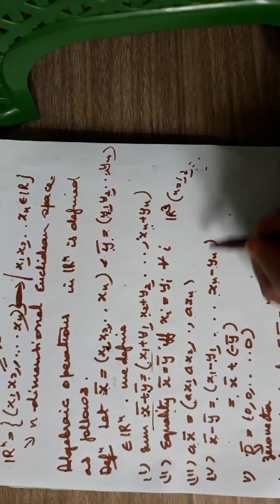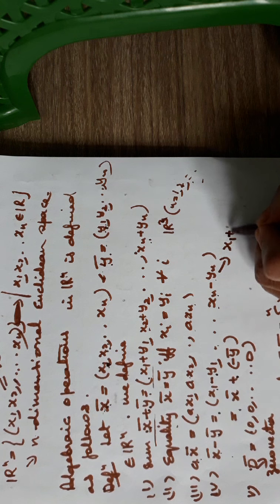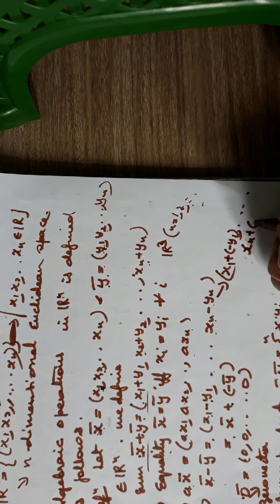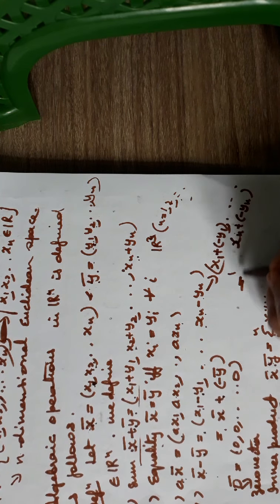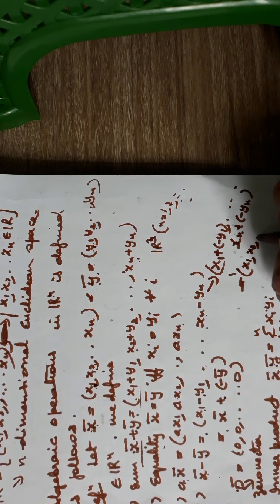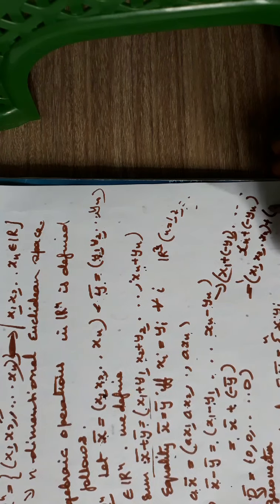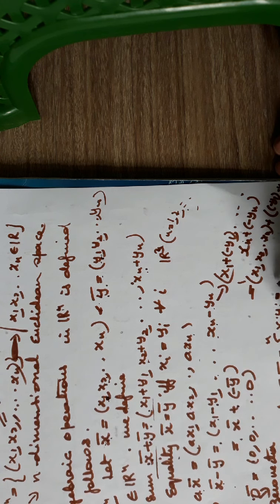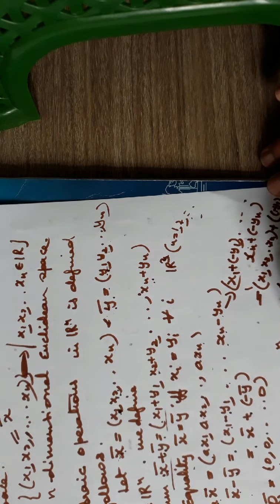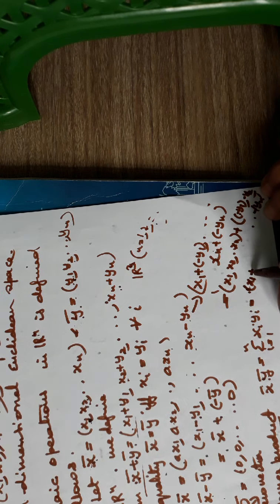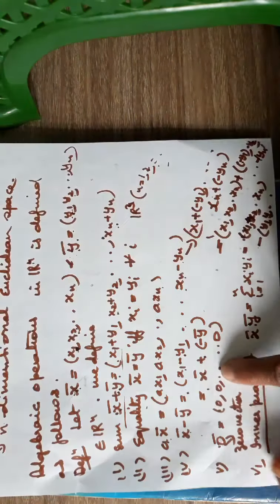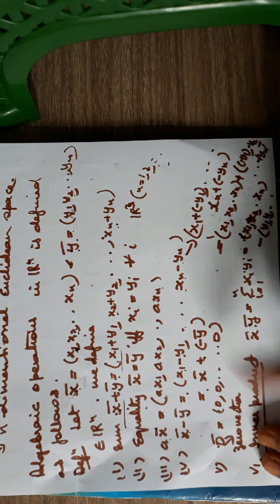You can interchange this as (x1 plus minus y1, ..., xn plus minus yn), which can be rewritten as the ordered set (x1, x2, ..., xn) plus the ordered set (minus y1, minus y2, ..., minus yn), which is the same as taking the minus sign out: (x1, x2, ..., xn) minus (y1, y2, ..., yn), which gives you nothing but x bar plus the minus vector y bar.